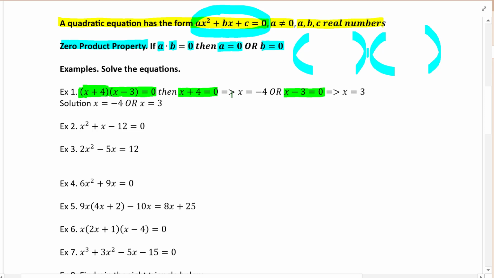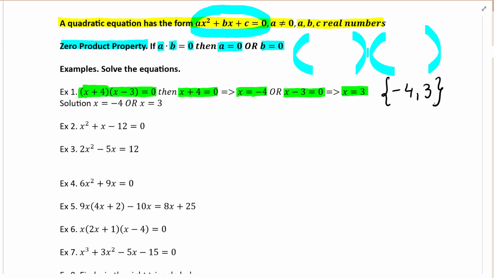So x plus 4 equals 0 means x equals negative 4, or x minus 3 equals 0 is going to produce x equals 3. So in other words, the two solutions are negative 4 and 3.